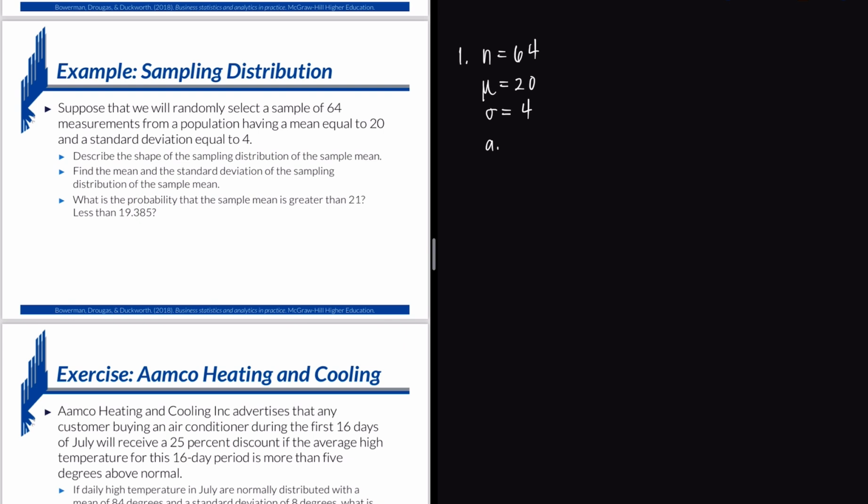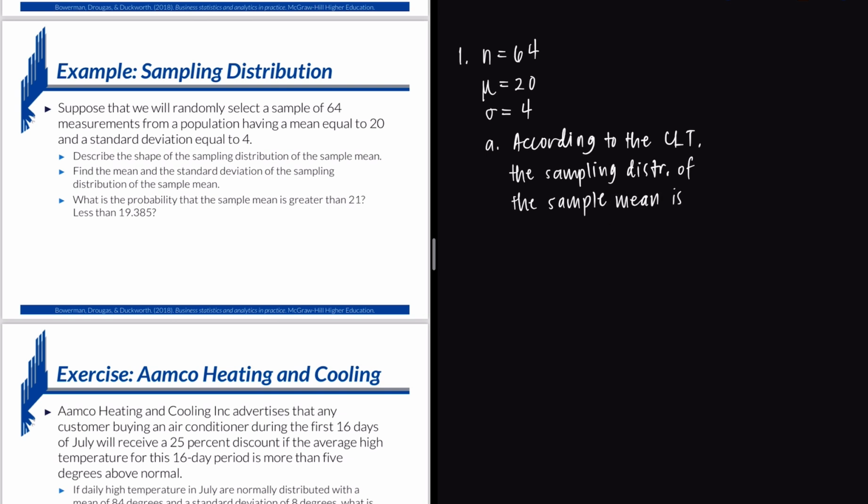In this particular case, we don't know the distribution of the variable that we are looking at, but the sample size is 64. 64 is large enough, and therefore, according to the central limit theorem, the sampling distribution of the sample mean should be approximately normal.